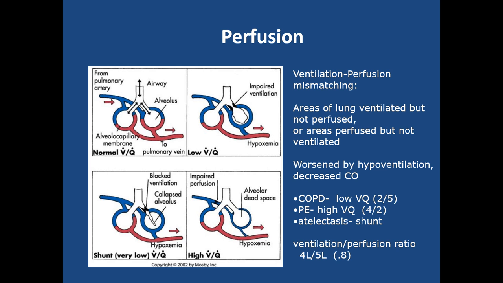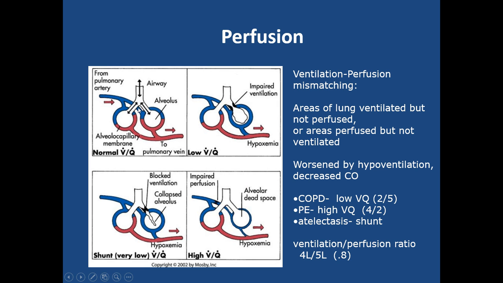I'm sorry, 0.8, not percent, 0.8. So that's normal. We can see this mismatching take place when there's either a problem with the breathing or ventilation, or if there's a problem with the blood flow. And we can tell which is the problem depending on this ventilation perfusion ratio.